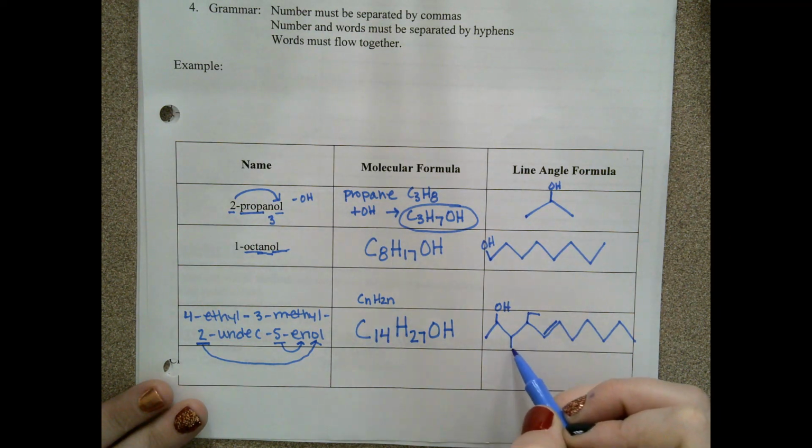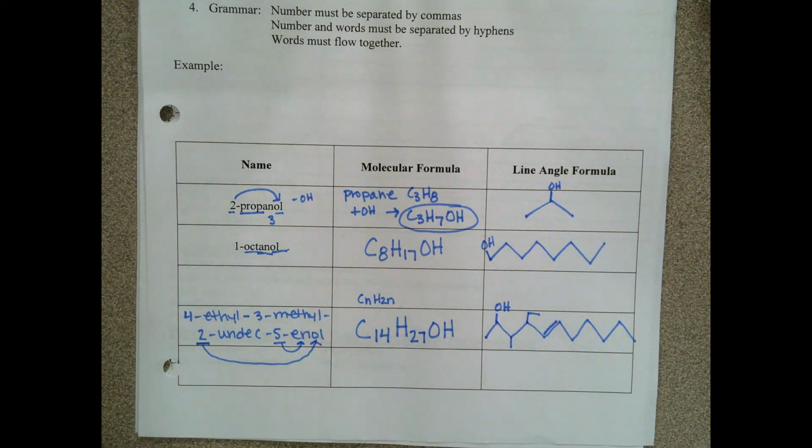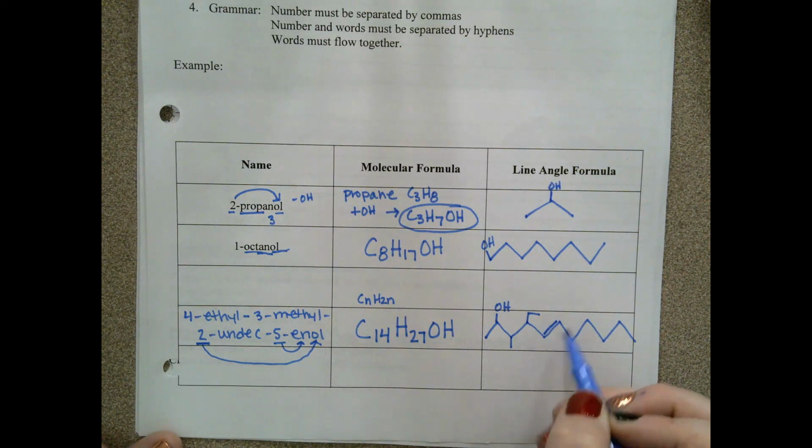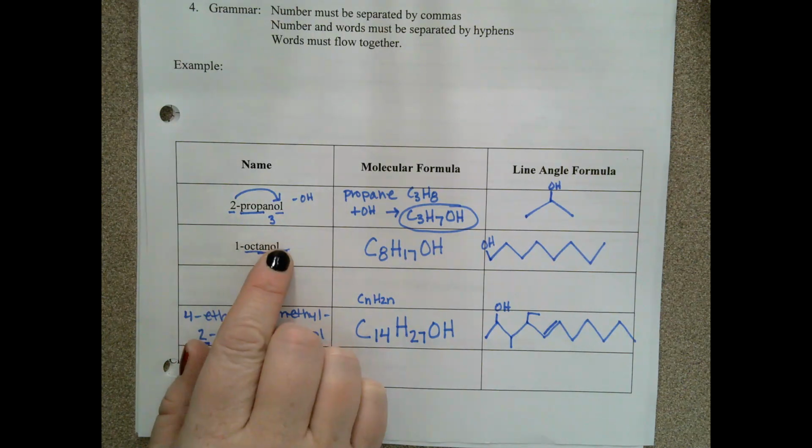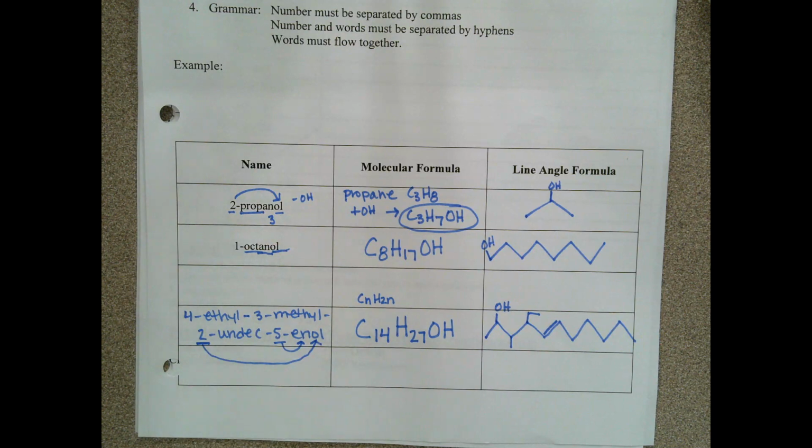And then 1, 2, 3. The double bond is just between 2 carbons, so you already have counted those carbons because they're in the main chain. So we're just adding on one more kind of branch. Remember that your ending is going to end in OL if you have that hydroxyl group.